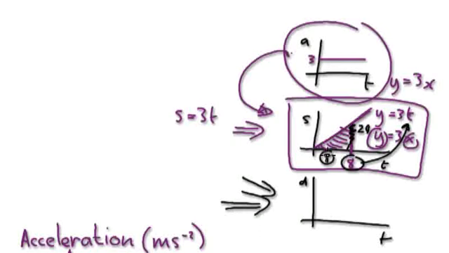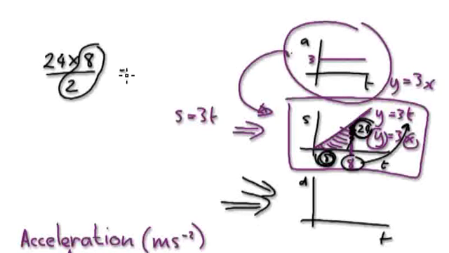The across is 8. So it's 24 times 8, divided by 2, because it's a triangle. I'm just going to say 24 times 4.